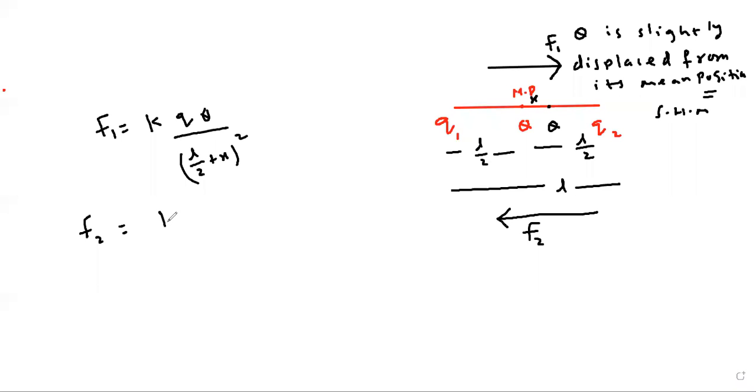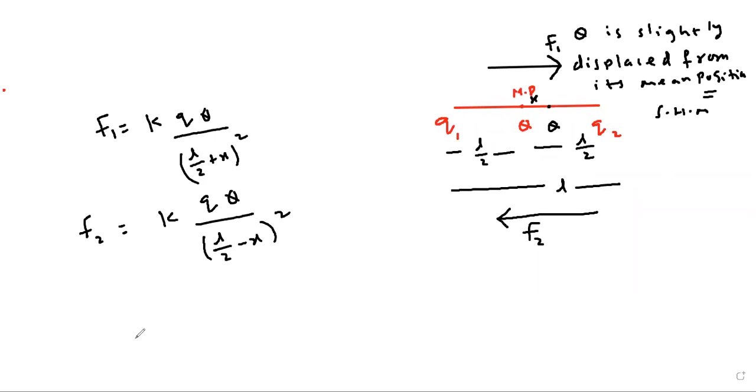F2 is equal to K times Q times capital Q divided by the distance squared. The original distance between Q and Q2 is L/2. Now Q is displaced towards Q2 by distance x. Therefore, this L/2 distance changes to L/2 minus x. According to Coulomb's law, the denominator is the distance squared.